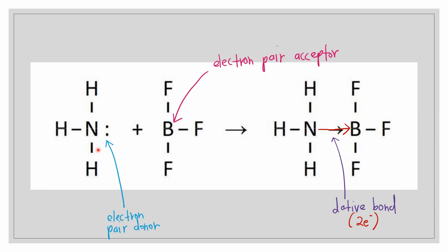Berbeza dengan covalent bonding yang biasa. Okay, contohnya, yang mana satu covalent bonding? So this is the example of normal covalent bonding. Okay, how many electrons in this single covalent bond? Kita ada sebanyak 2 electrons di sini. Okay, so 2 electrons ni kepunyaan siapa? Kepunyaan satu from nitrogen dan satu lagi daripada hydrogen.